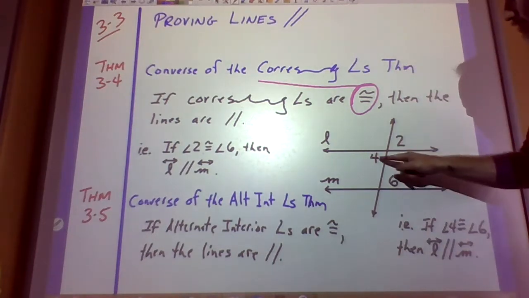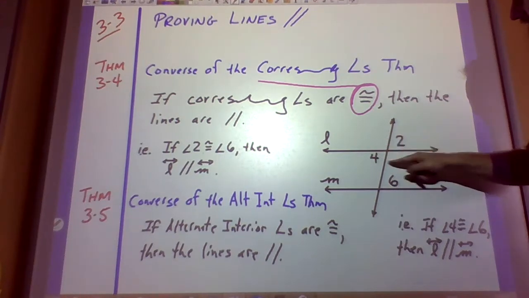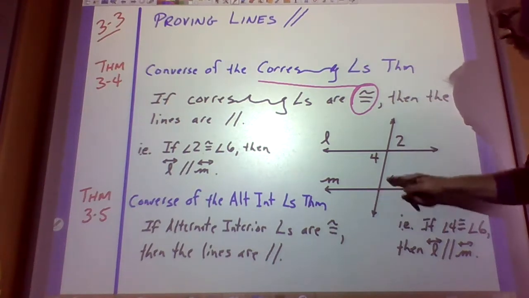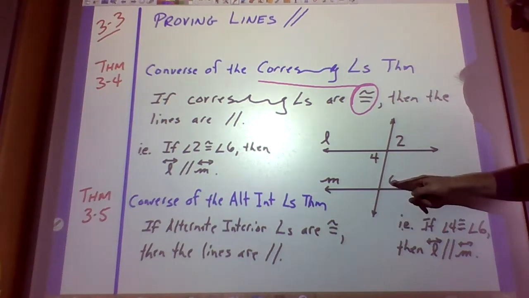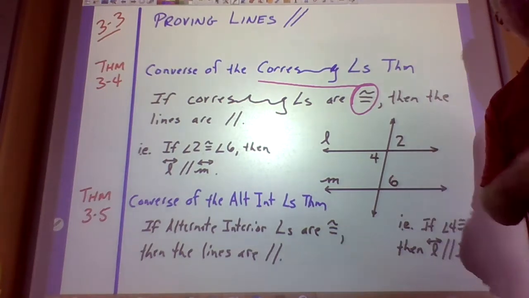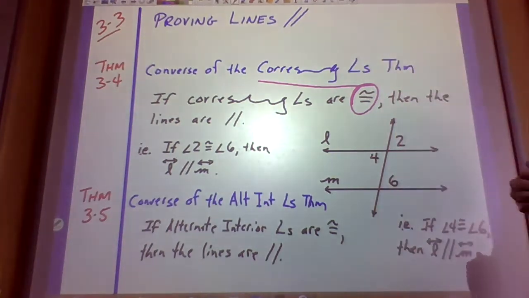If you look at this group of angles up here, there's four of them. I only labeled number 2 and number 4. But angle 2 in this group is in the top right-hand corner. And in this bottom group of 4, 6 is in the top right-hand corner. It means they match up with each other, or as we say in geometry, they correspond with each other, and they'll be equal, all right?